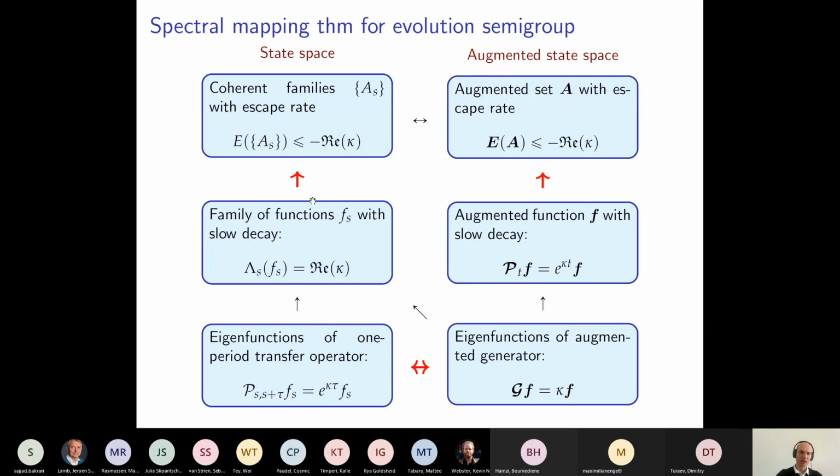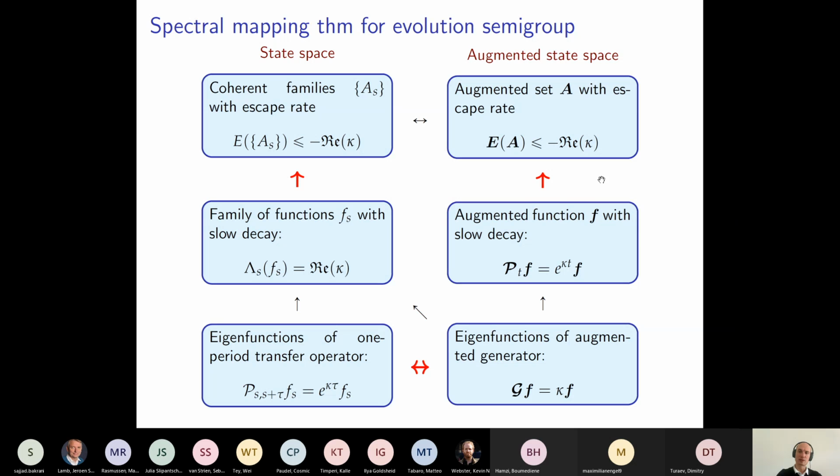By the way, the red things are what we are showing and the black things are existing connections. And then we can go up and say this can be related, of course, to a family of functions with some prescribed decay. So this big lambda is some decay rate, and this eigenvalue here is going to govern the decay of these families of functions, and from this we can get to the coherent families.